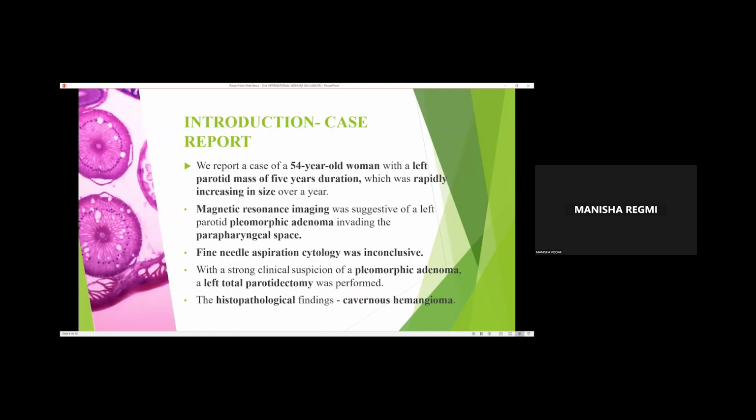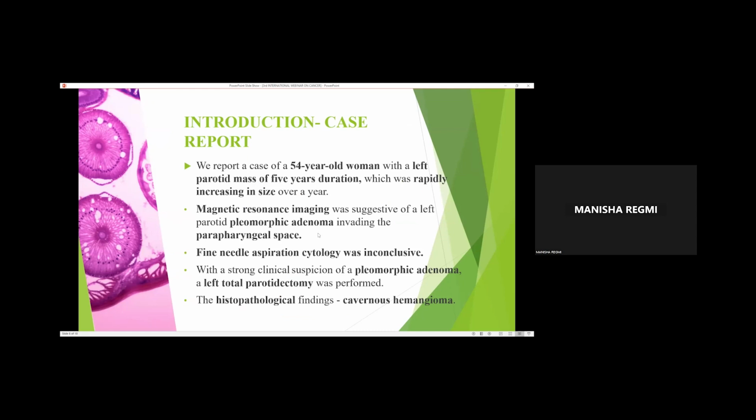So let's start first with the introduction with the case report. We reported a case of a 54-year-old woman with a left parotid mass of 5 years duration, which was rapidly increasing in size over a year. Magnetic resonance imaging, that is the MRI, was suggestive of a left parotid pleomorphic adenoma invading the parapharyngeal space.